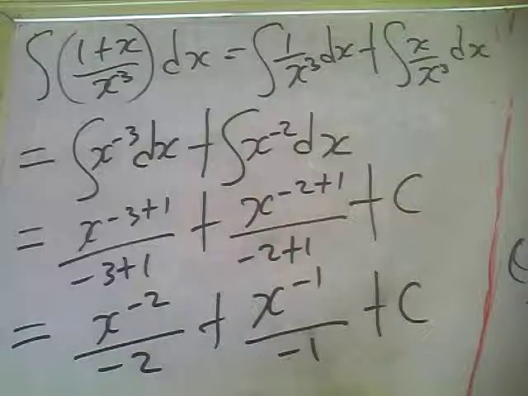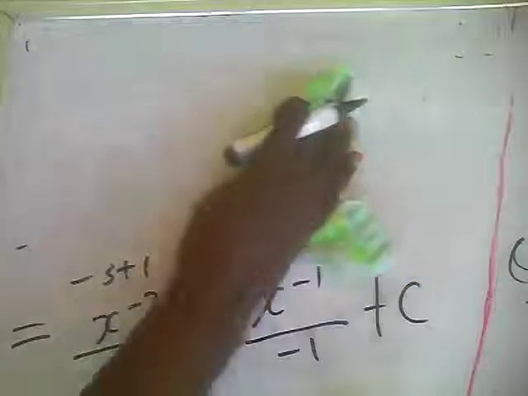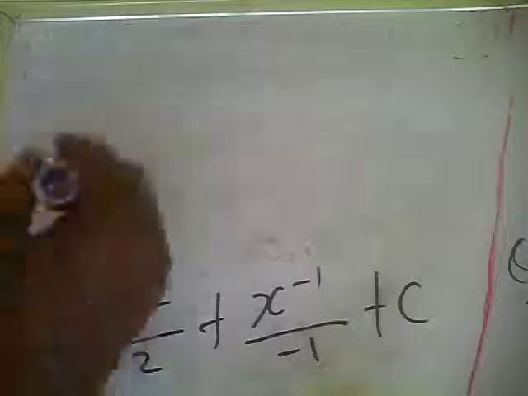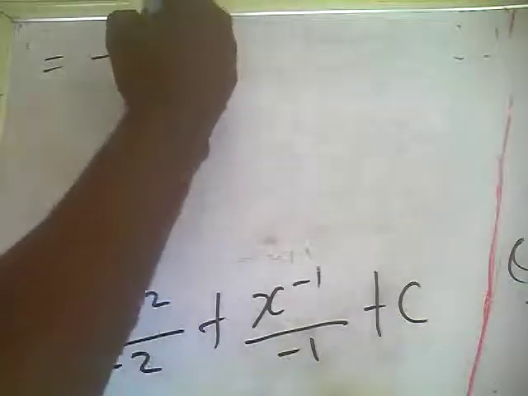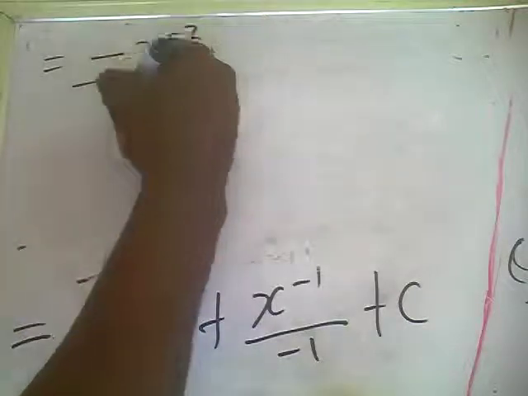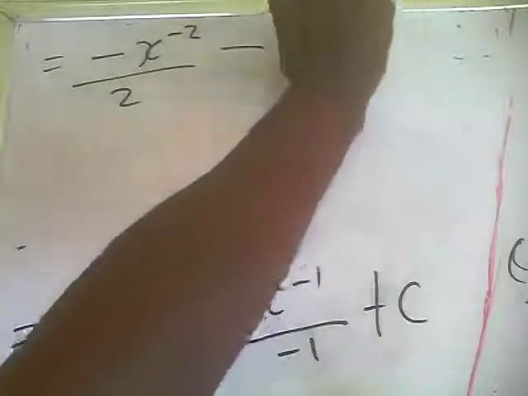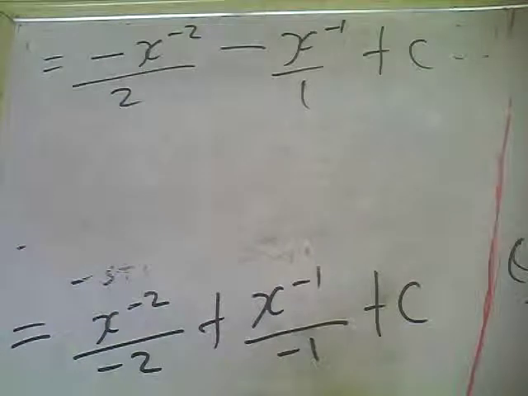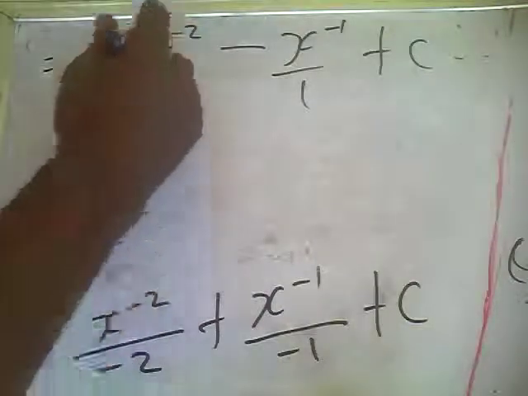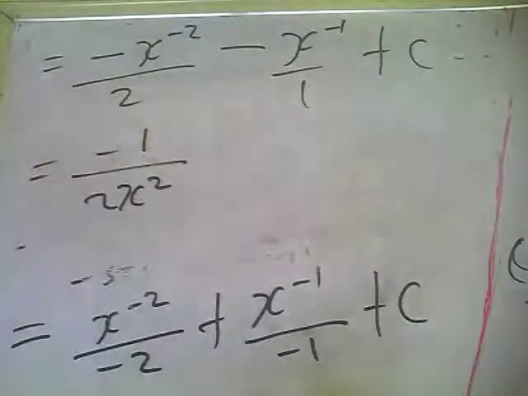which we can rewrite as minus x to the power minus 2 over 2, right? The minus plus over minus is what? Minus x to the power minus 1 over 1 plus c. That still becomes, when this one comes down, minus 1 over 2x squared, right?